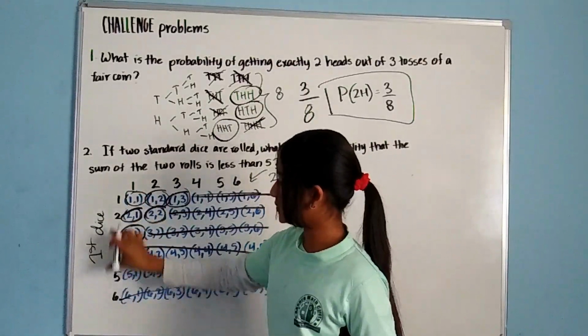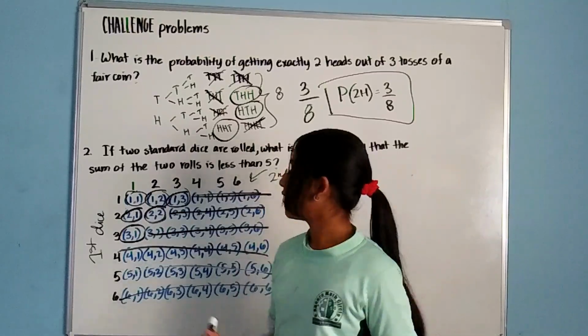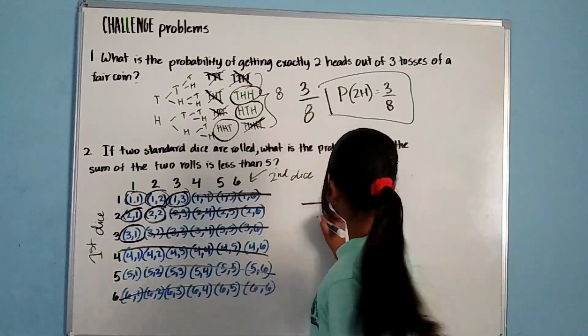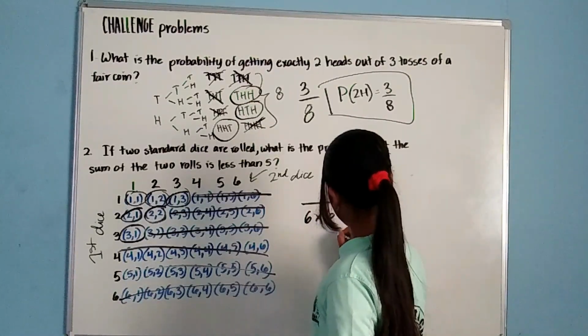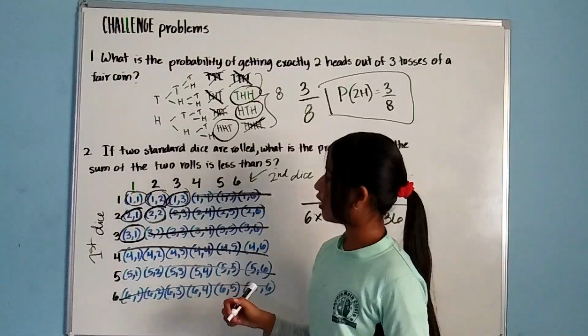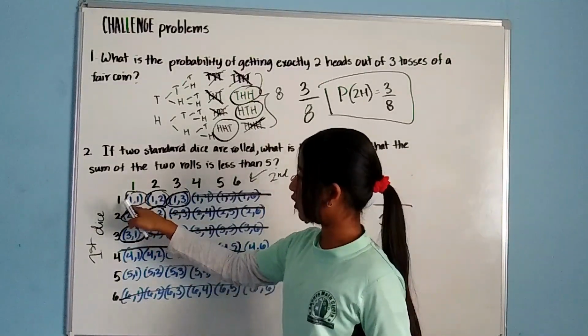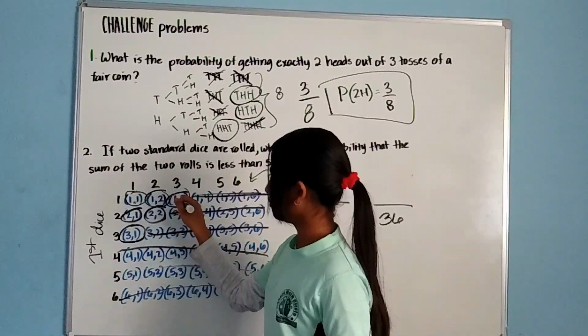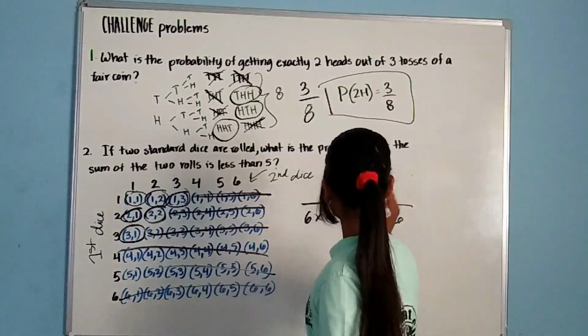We know that there are 6 possible options for the first dice, and 6 possible options for the second dice. So in total, we have to multiply 6 times 6. And we know that that is 36. Now, we also know that only some of these have a sum that is less than 5. Now we have 1, 2, 3, 4, 5, and 6.